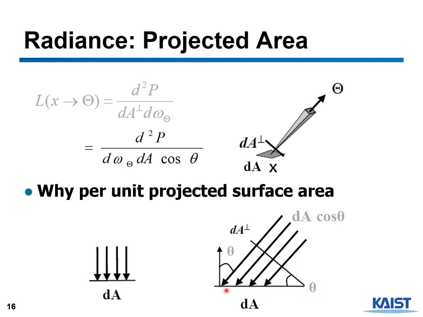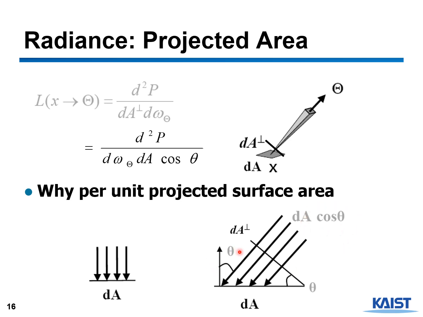As you can see, this same amount of energy projects onto a larger area, right? So the energy will be reduced. Then how much? It actually turns out to be the cosine term.